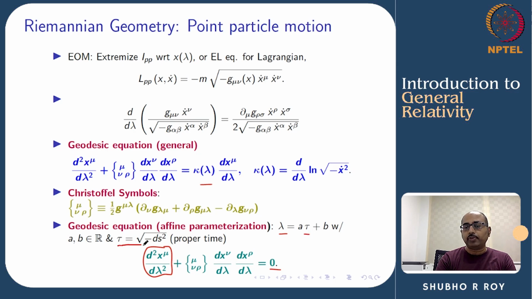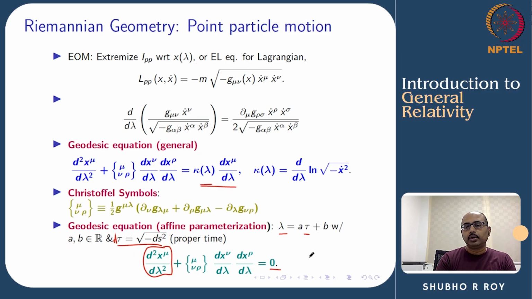Remember, the infinitesimal proper time d tau is defined by the square root of the interval squared. So if you choose lambda proportional to this, then you get a simplification of the geodesic equation. The geodesic equation in general parameterization is non-homogeneous, with a non-zero right hand side, and you get this homogeneous form whenever you choose lambda to be A tau plus B, where A and B are arbitrary real constants.